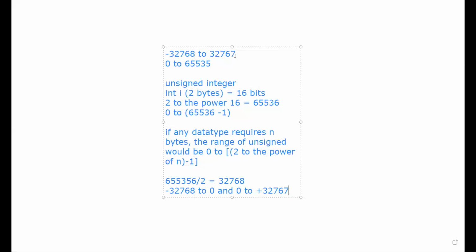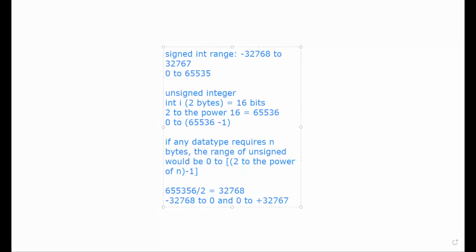So this range, if you can note here, is for signed int. I have told you in this lecture how to calculate it. So now it is clear. This is the range for signed int.